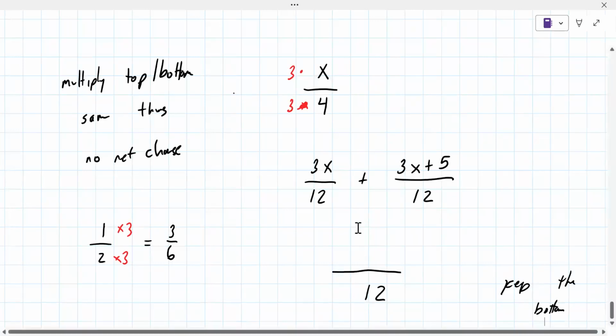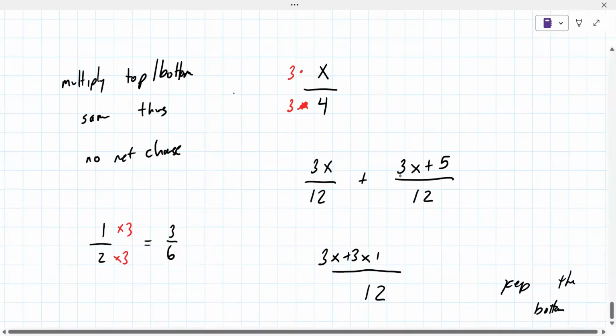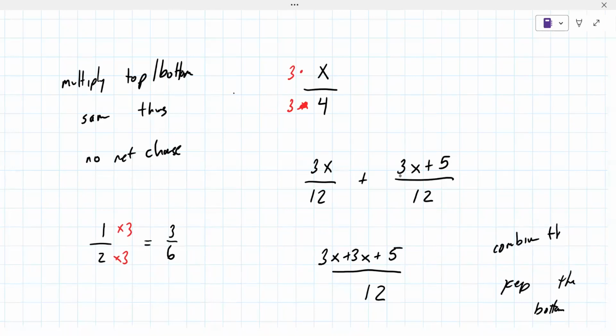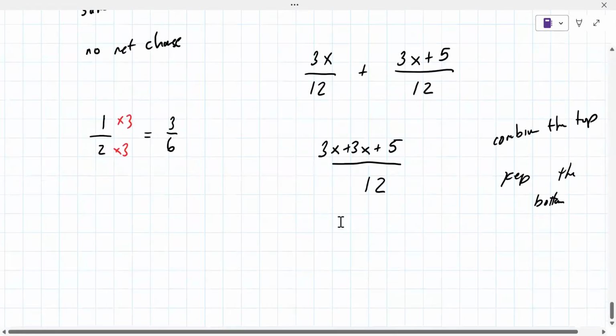Okay. And then the top we combine, 3x plus 3x plus 5. Are there any like terms in the top? 3x and 3x.